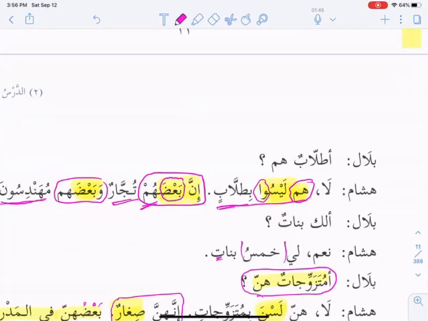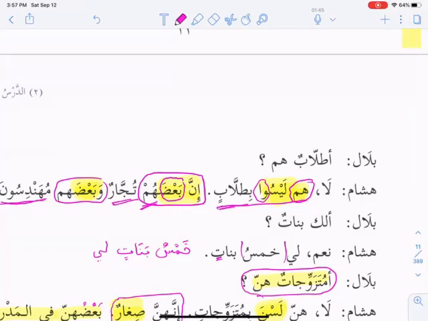Khamsu banatin li. Just for understanding: I got 5 daughters.